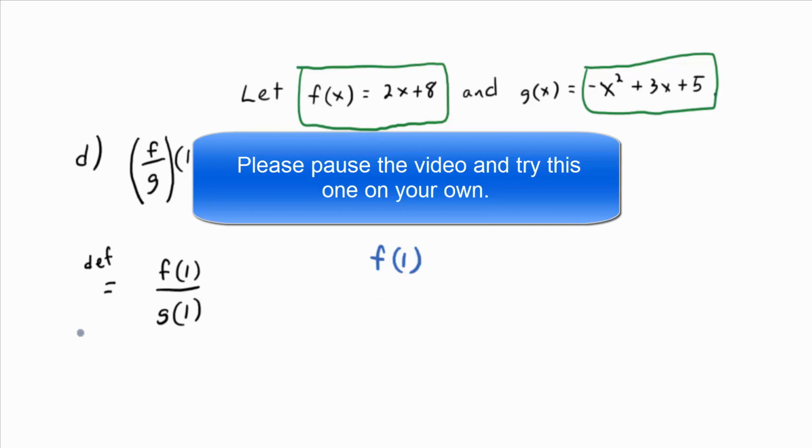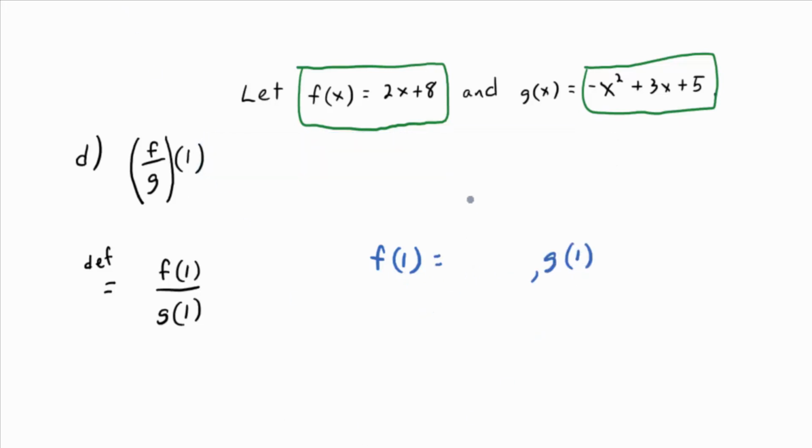So plug in 1 in for x in the formula for f. And then find g of 1. That's a good jumping off point. Anybody have f of 1? 10. Anybody have g of 1? G of 1 is 7. I believe you. So what's f of 1 divided by g of 1? 10 sevenths.